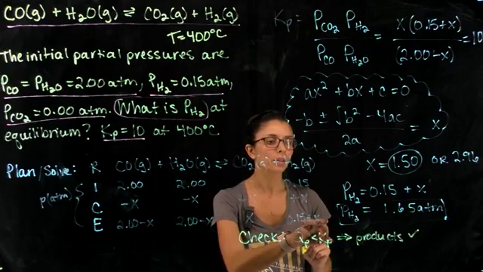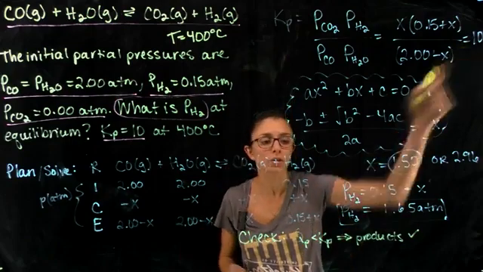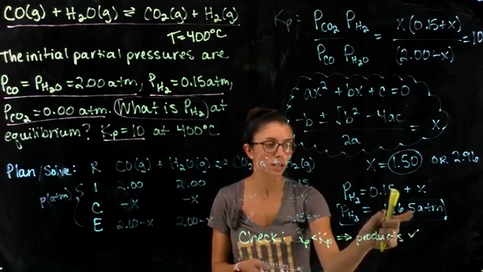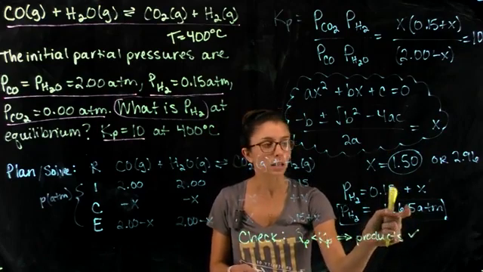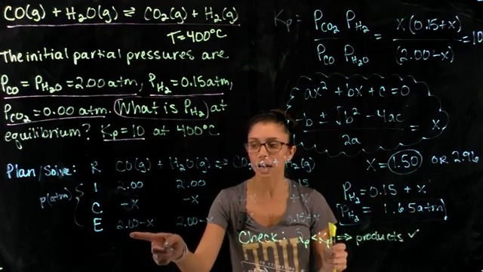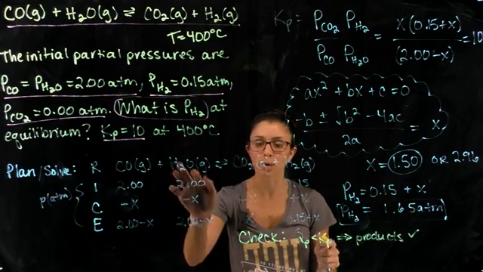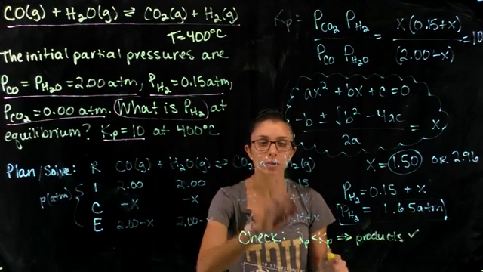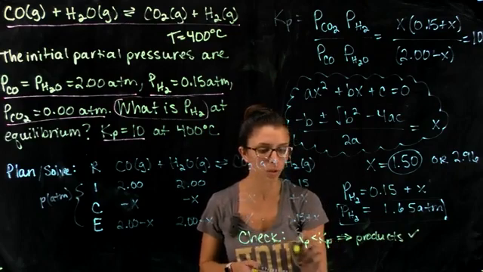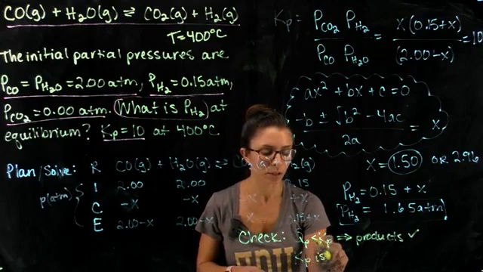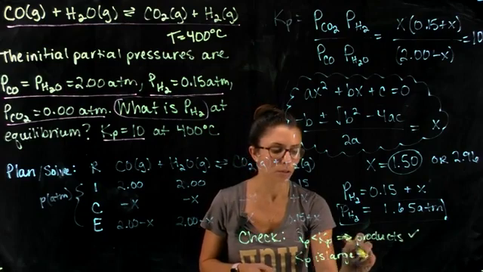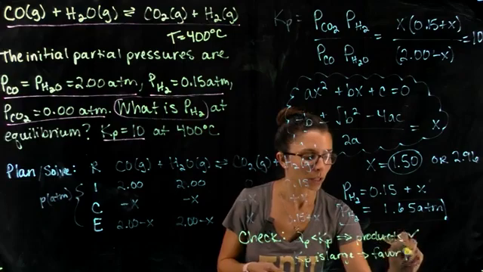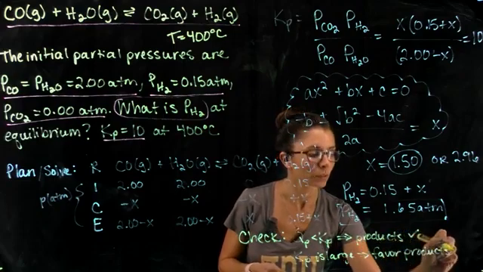And then my Kp value is relatively large, so I should have a relatively large amount of products compared to reactants. And I can see that if I subtract 1.5 from 2.0, I'm only going to have 0.5 atmospheres of each of my reactants, while I have 1.65 atmospheres of my hydrogen gas product here. So Kp is large, so I should favor products, which is also happening.